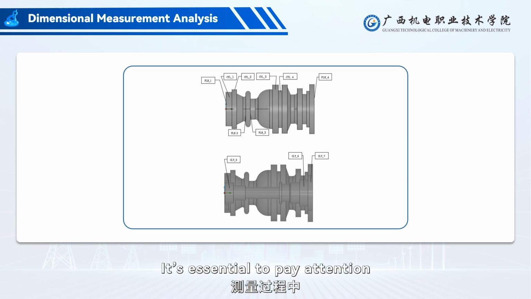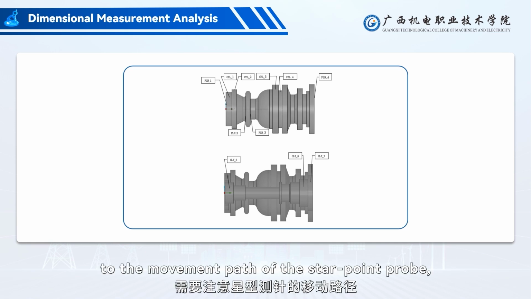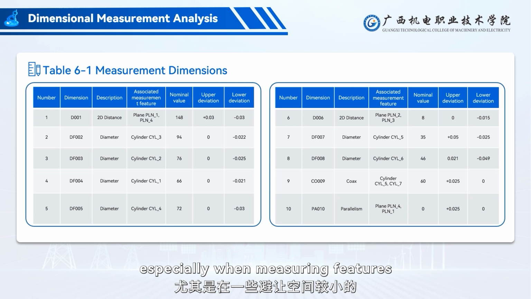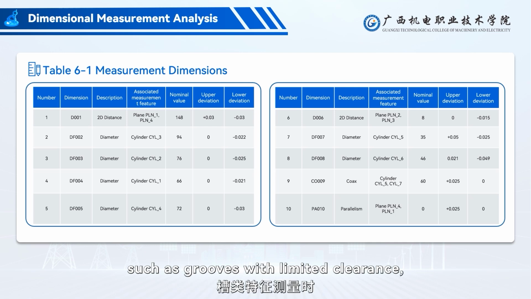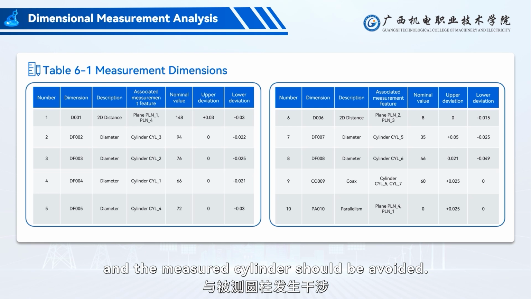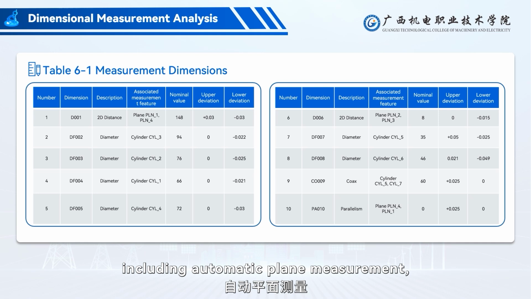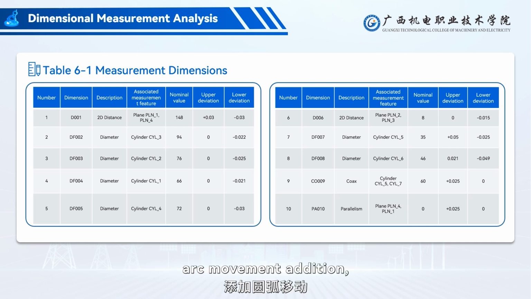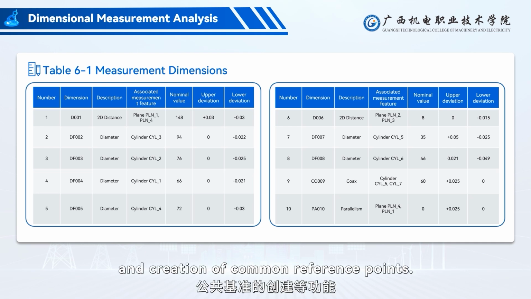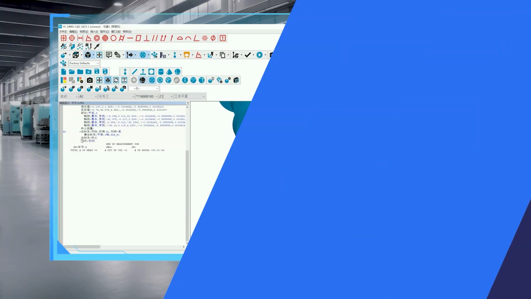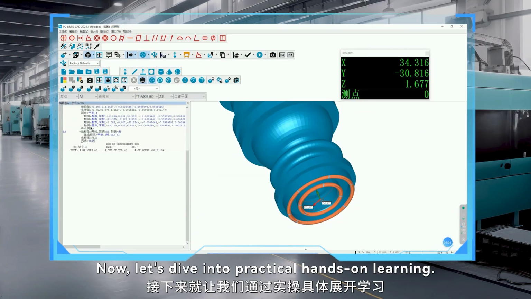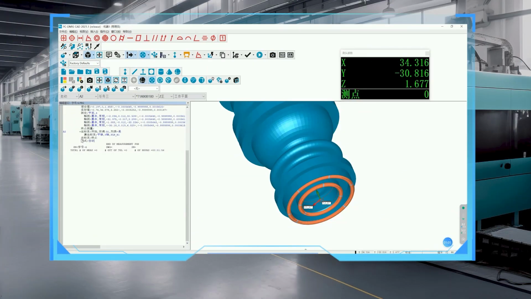It's essential to pay attention to the movement path of the starpoint probe, especially when measuring features such as grooves with limited clearance, where interference between the probe and the measured cylinder should be avoided. In this task, we will use various functions, including automatic plane measurement, arc movement addition, and creation of common reference points. Now, let's dive into practical hands-on learning.